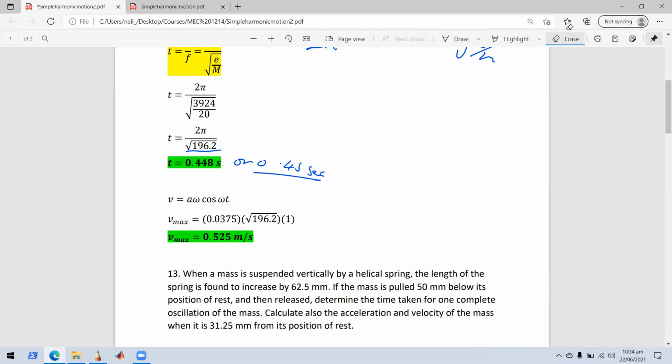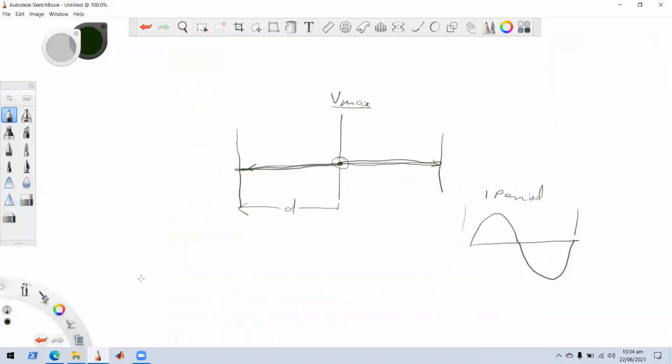Or you can say velocity is max at the center, and at the center, x is equal to A sine omega t, so x is equal to 0. So when sine omega t is equal to 0, cosine omega t is equal to 1, right? You can do this reasoning as well.